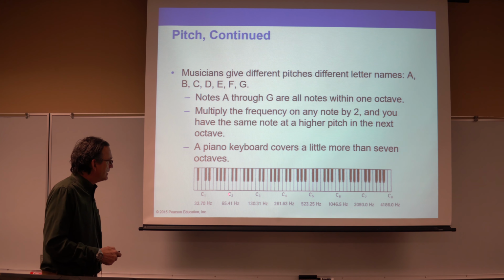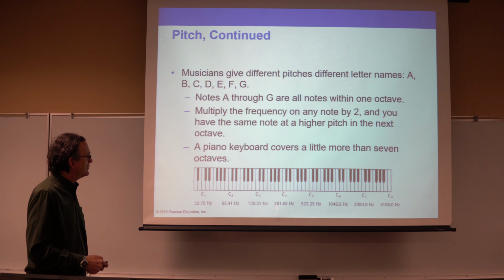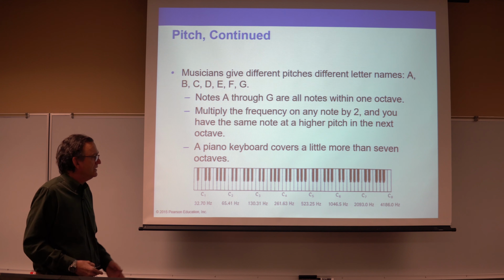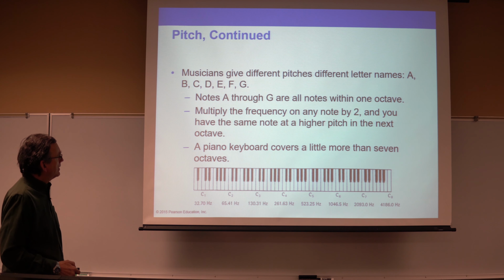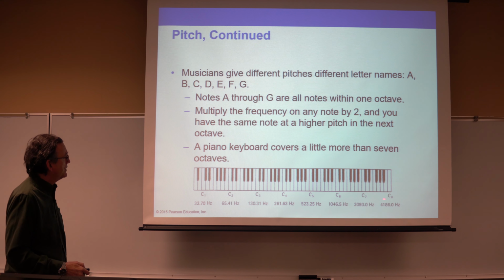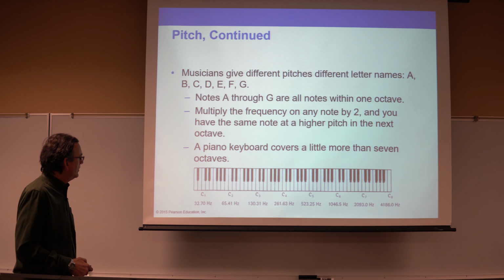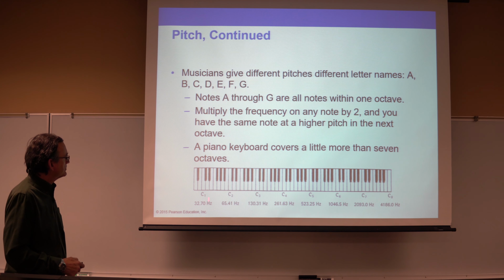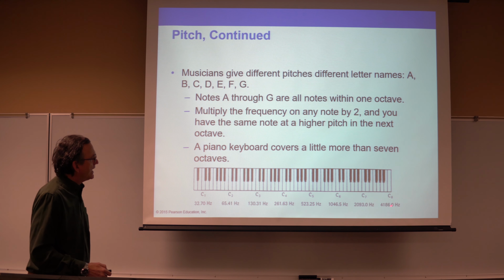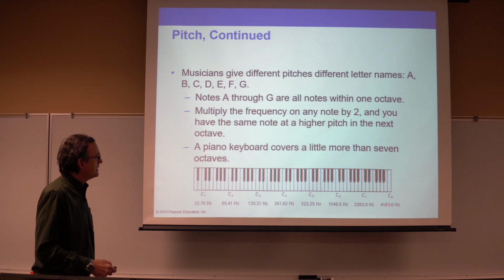You can double the frequency to get 65.4, then double that and you get 130, and if you double that, you get 261. So at every octave, we double the frequency, and there are 1, 2, 3, 4, 5, 6, 7, 8 C keys on the piano keyboard, with 32.7 hertz being the lowest frequency and 4,186 hertz being the highest.